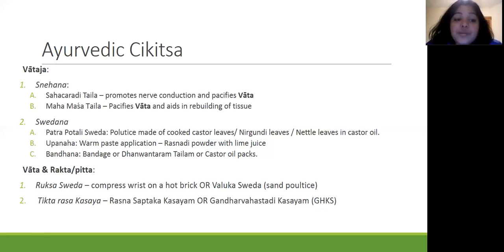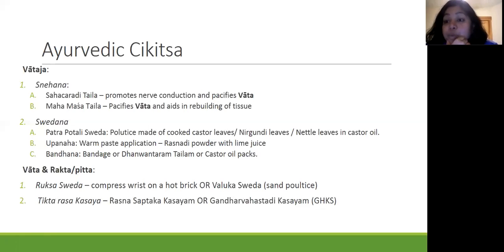Or you can also use Mahamasha Taila. You might want to choose this option when you find there is more depletion. If you find that the surrounding structures are starting to be depleted and thin, for instance, the Vata is starting to dry out the nourishment or thickness of the palm and the health and structure of the fingers, and there is more bony prominence, then that's when you want to opt for Mahamasha Taila, because it pacifies Vata but is also a very nourishing type of oil.